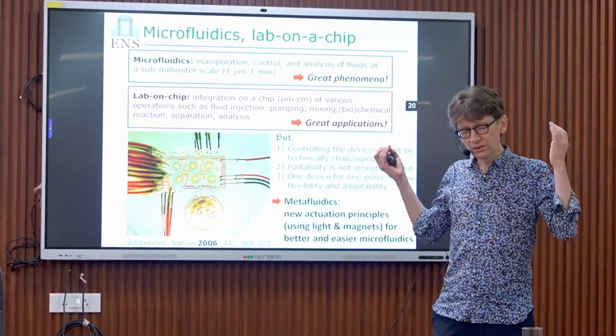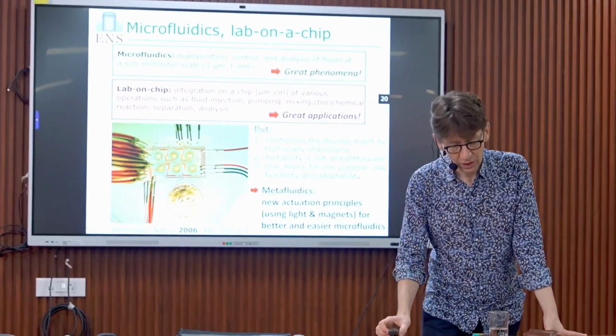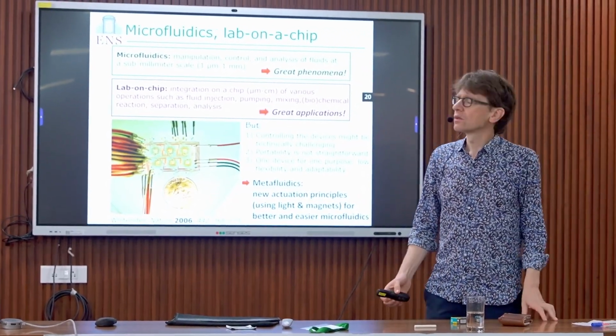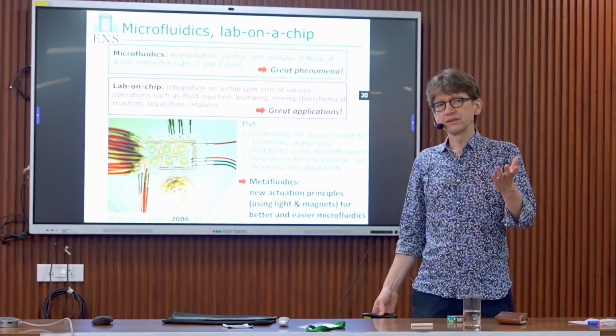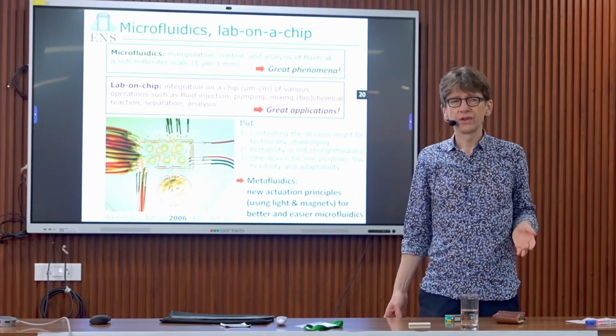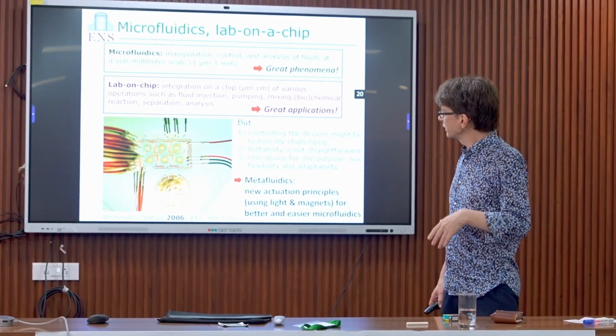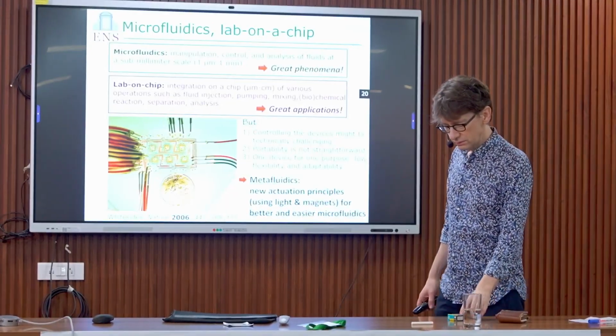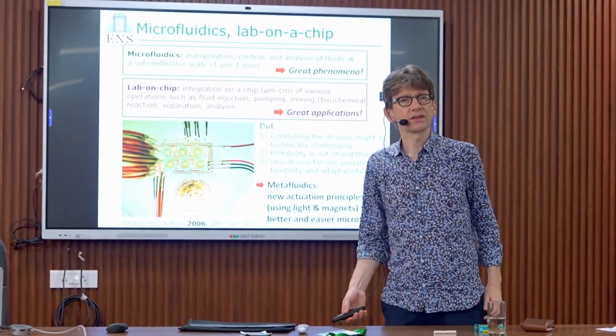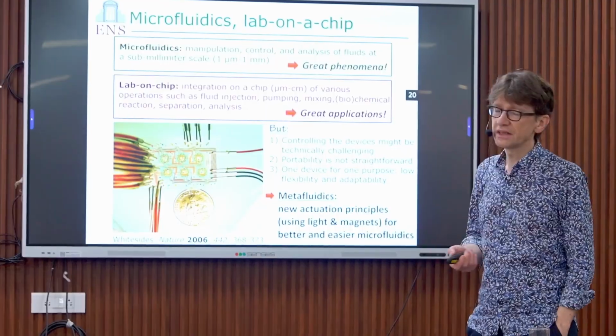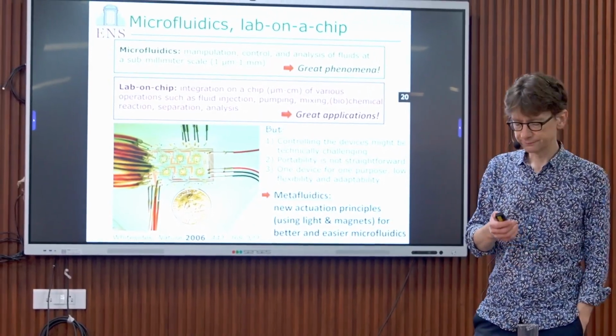So I didn't go to devices. I don't say that what we do can really be used for devices, maybe not. But it was the opportunity to study interesting phenomena. How can I use light or magnets to manipulate small amounts of liquids?